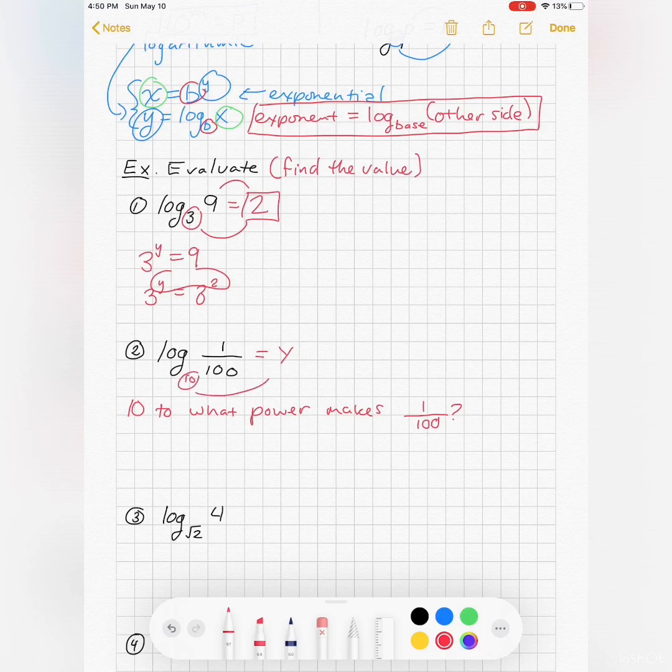The base is 10. 10 to the y equals 1 over 100. So let me see. And then to get that 10 up, my exponents would have to be equal. Y would have to be -2.